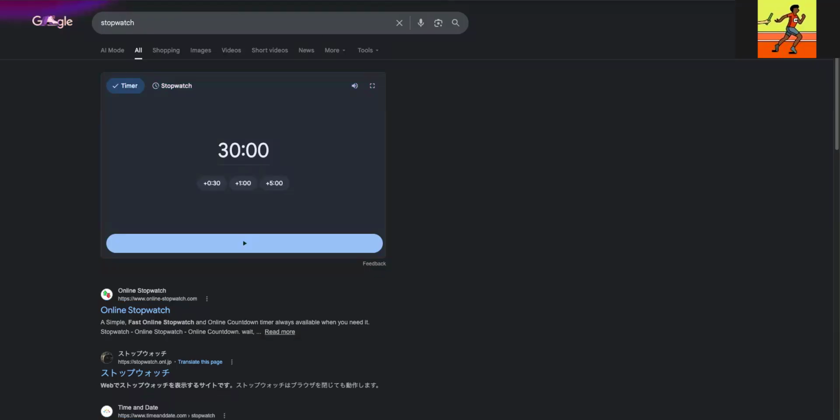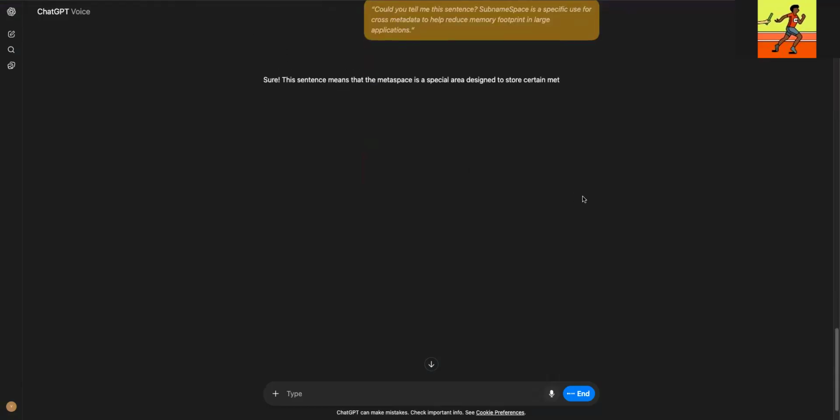Sure, this sentence means that the metaspace is a special area designed to store certain metadata. By doing this, it helps reduce the amount of memory that large applications need, making them run more efficiently.